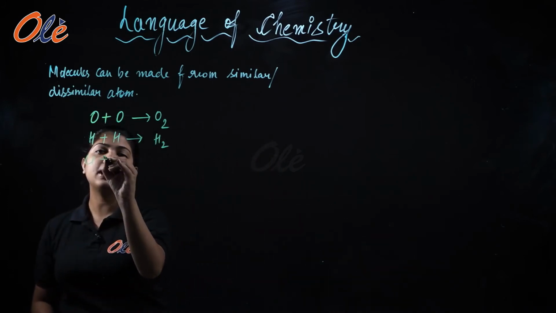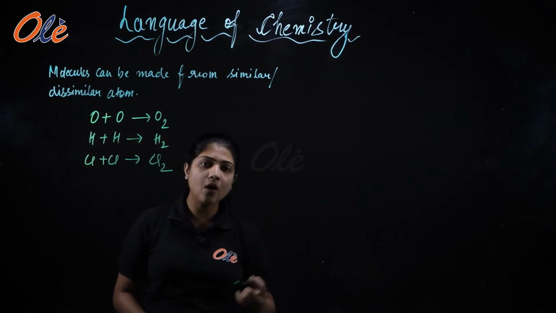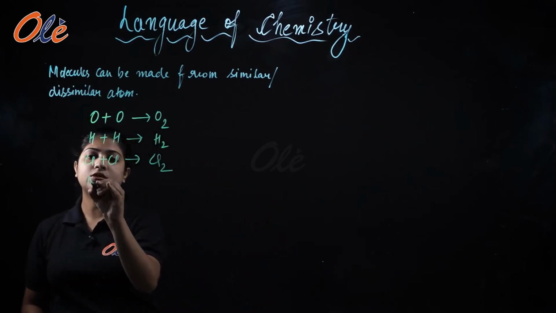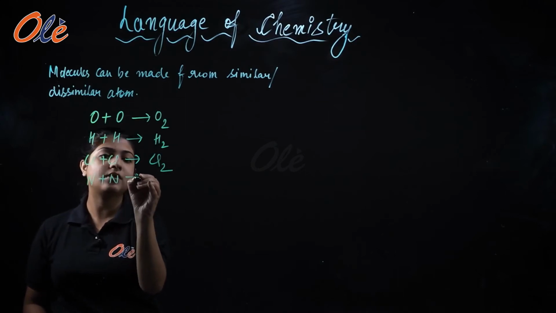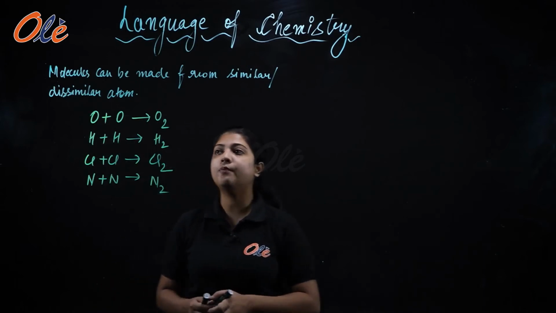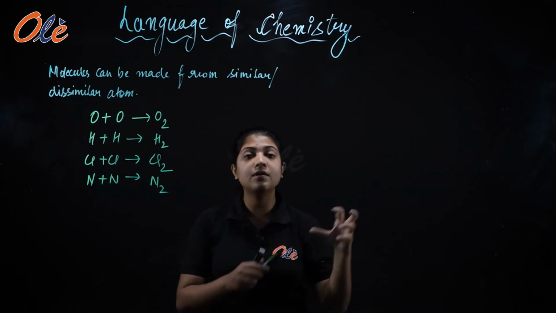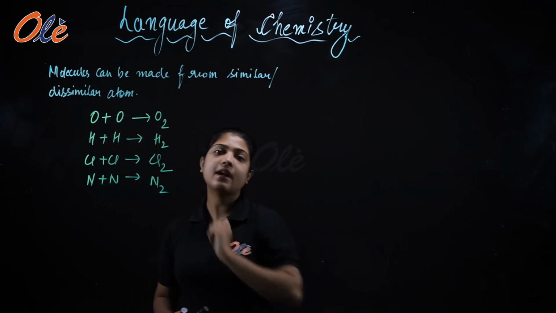Again, two chlorine atoms are combining together to form one chlorine molecule, okay? Here, two nitrogen atoms are combining together to form one nitrogen molecule. So, as you can see, both are similar atoms. So, we can say that molecules can be made up of similar atoms.